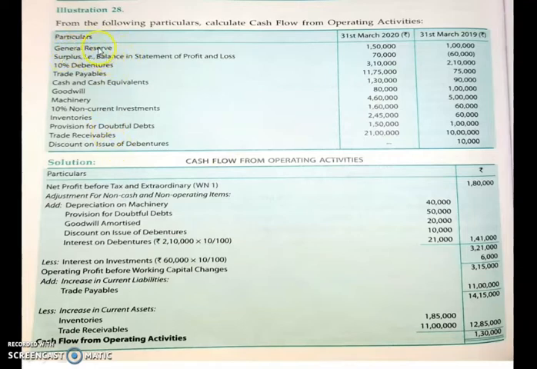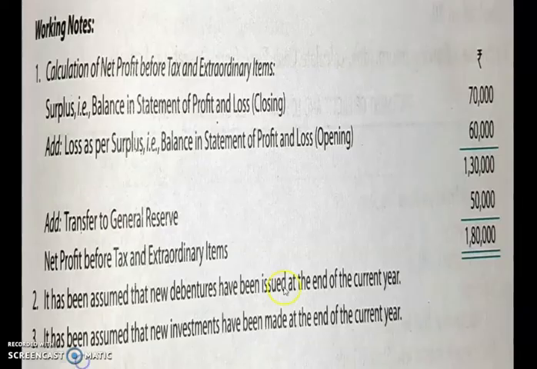So you have to go through the question first and then understand this. For general reserve you take the difference of these two: 1,50,000 minus 1 lakh, so you will get 50,000. That 50,000 you have to add here.